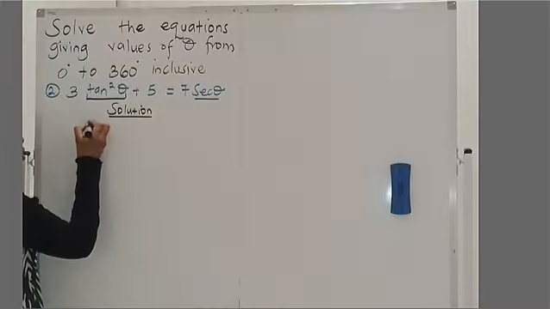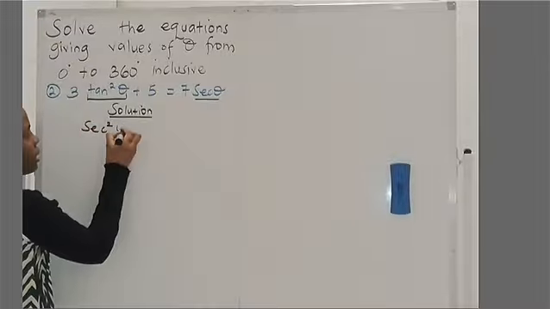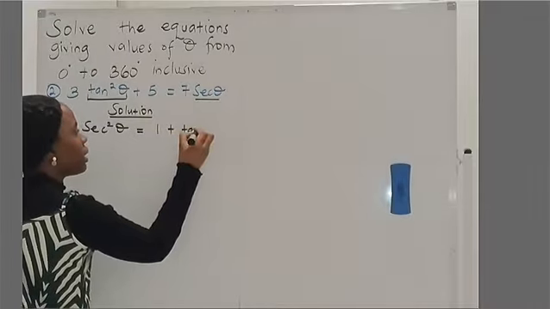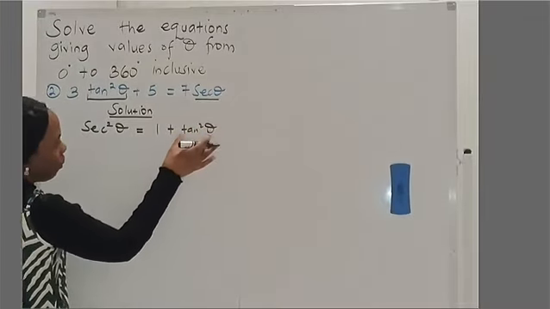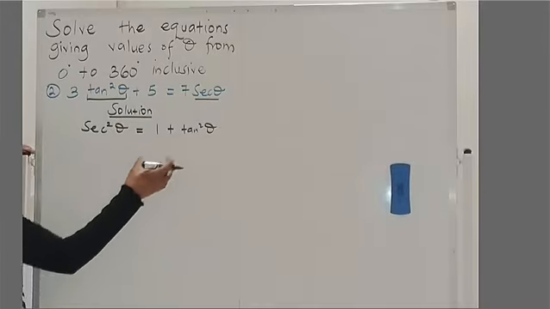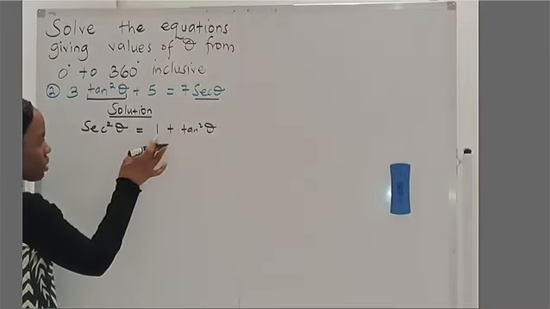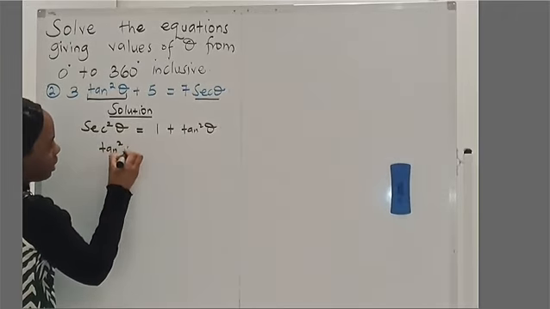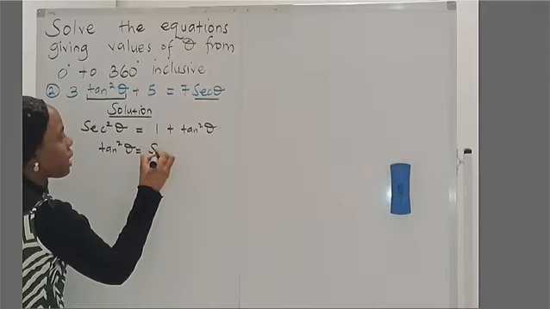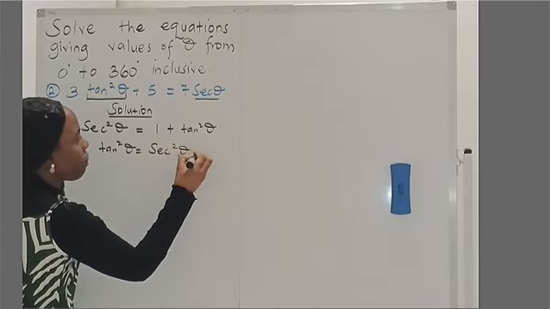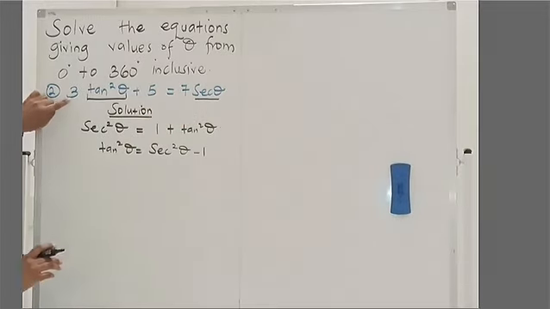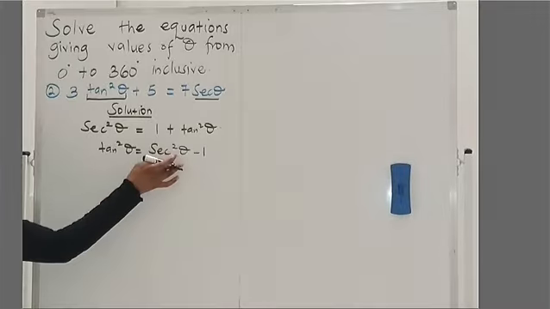We know that sec squared theta is equal to 1 plus tan squared theta. Now I want to make tan squared theta the subject. I'll just bring 1 to the left and say tan squared theta is equal to sec squared theta minus 1, so that I deal with sec throughout. Now let us replace tan squared theta with sec squared theta minus 1.